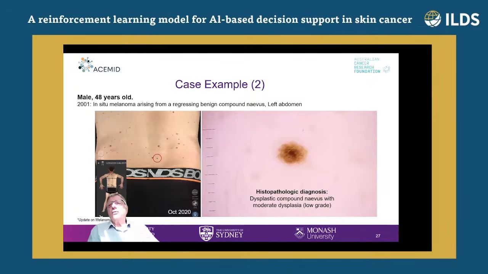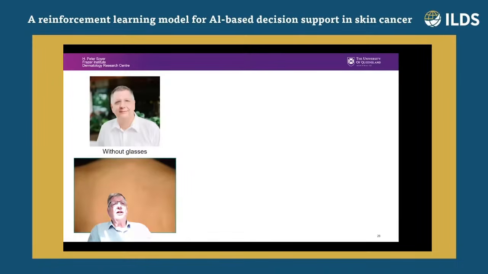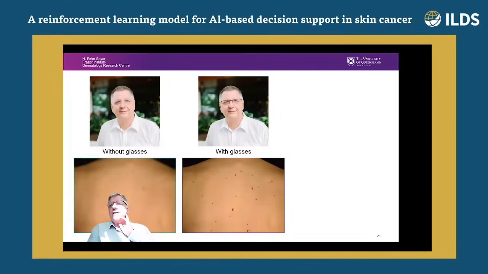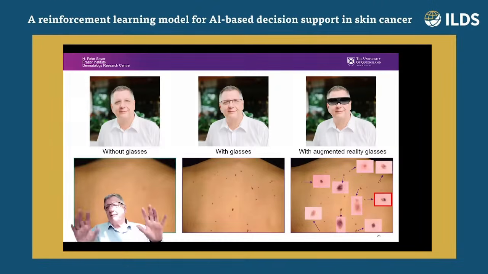I'm coming now to the end of my presentation, and this slide is a little bit of a joke. This is how I look without glasses when I look at the patient. And if I look with glasses, I at least see the moles. And this is of course a fake image. The image is right, but these are not augmented reality glasses.